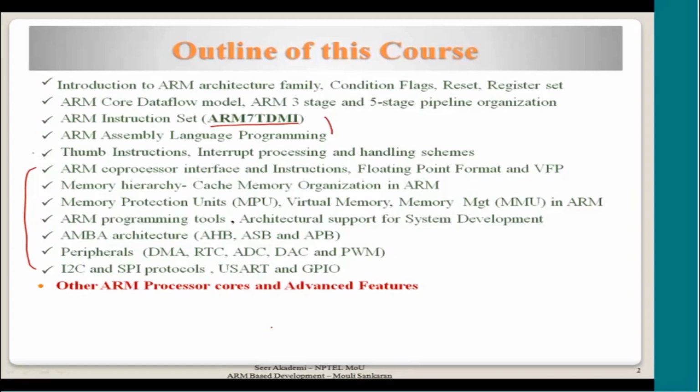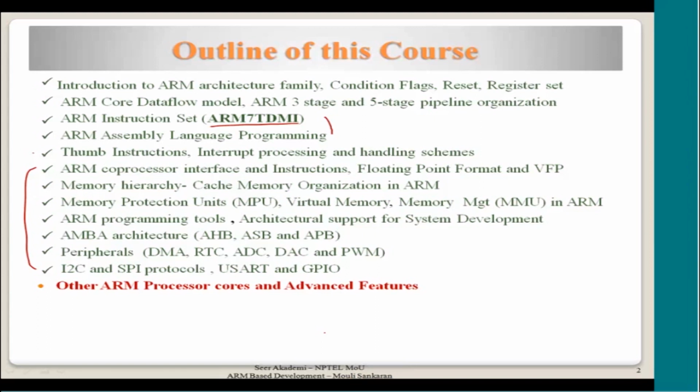My intent was to introduce you to the beauty of processor architectures, taking ARM as an example, because this is a very good example to teach processor architectures, and with a lot of practice in assembly language programming, you can become an expert in assembly programming as well as in the processor architecture area.